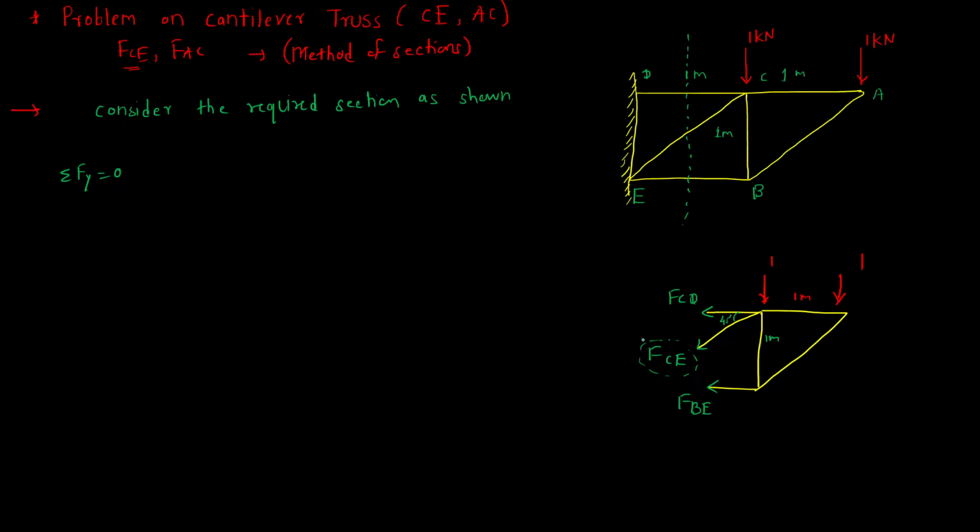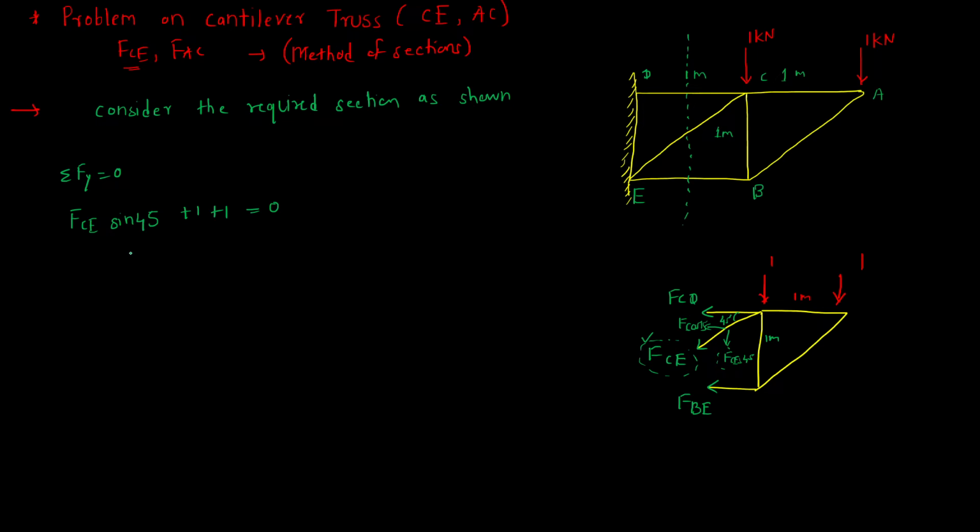The only vertical component will be of FCE, so FCE sine 45, and the horizontal component will be FCE cos 45. So we take this vertical component, plus 1 plus 1, and this is equal to 0.